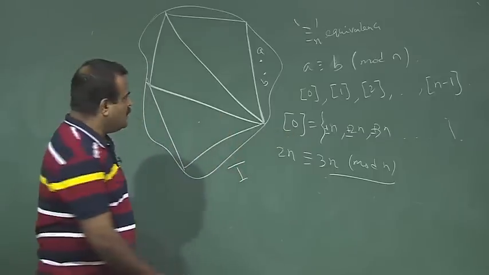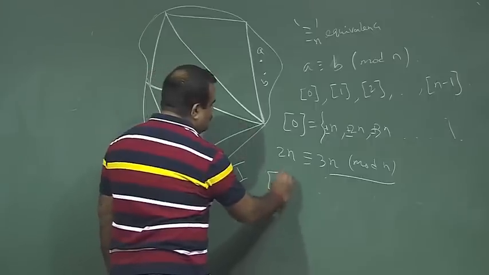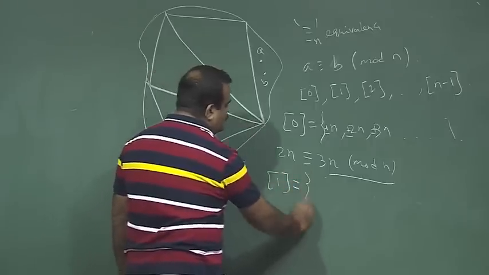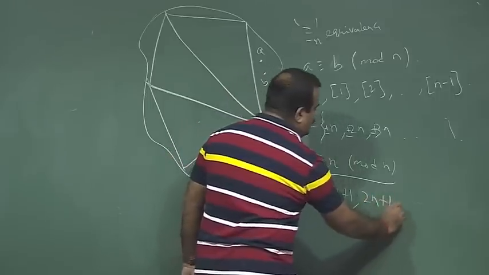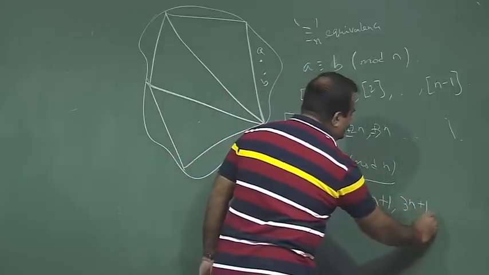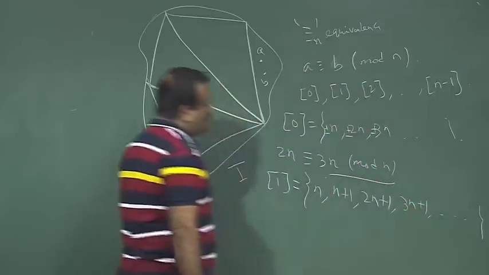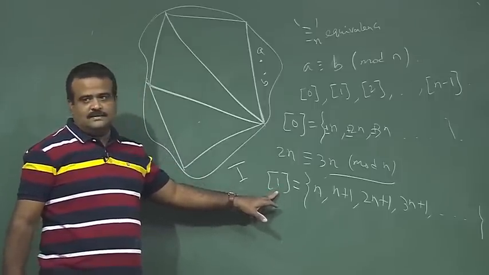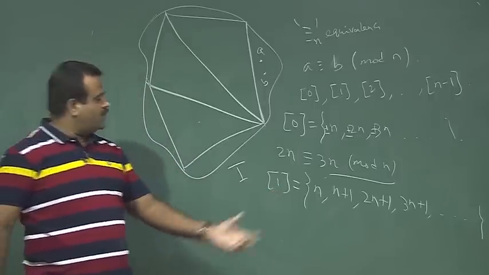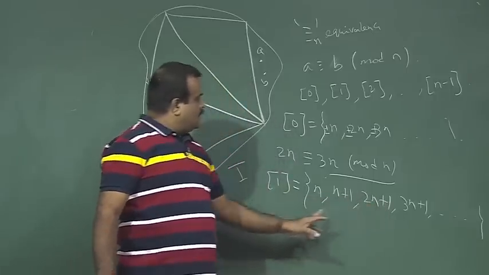Similarly, for another class, the remainder is 1. So, n plus 1, 2n plus 1, 3n plus 1, like this. These are all the integers which belong to one class, that means the remainder is 1. If you take any two of them, they are related.